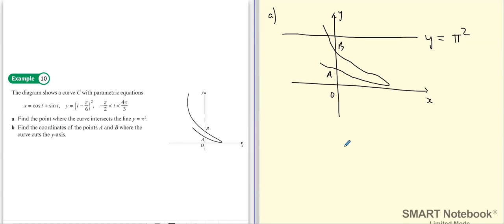So what can I do at this stage? Well, only the y coordinate is going to be pi squared. So I can say then, if y equals t minus pi over 6 squared, then pi squared equals t minus pi over 6 all squared.